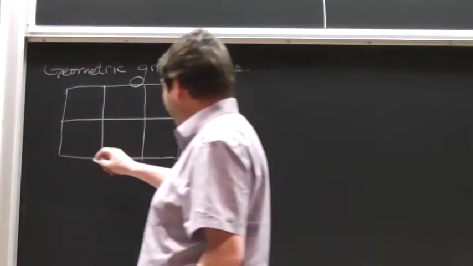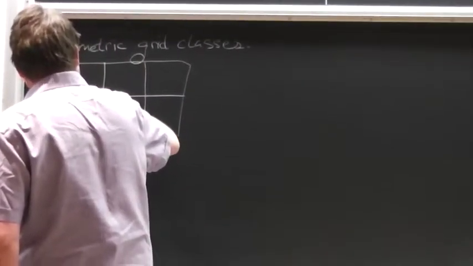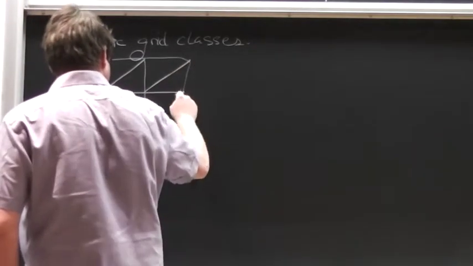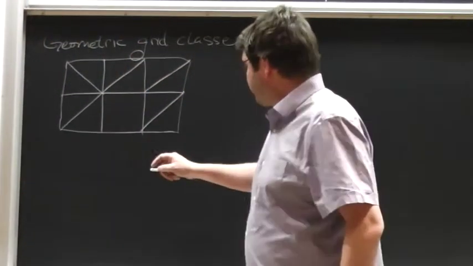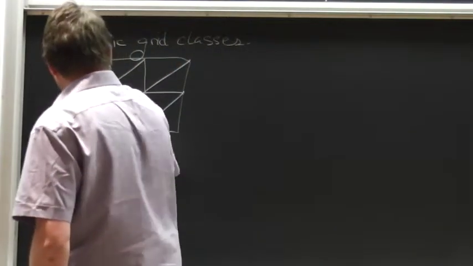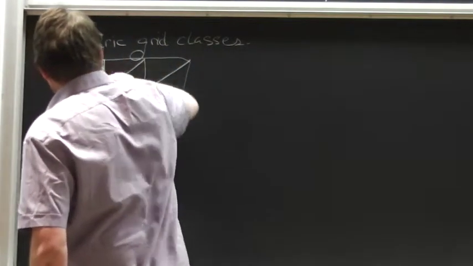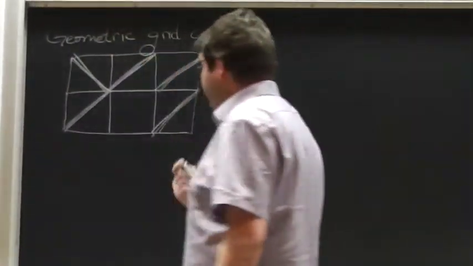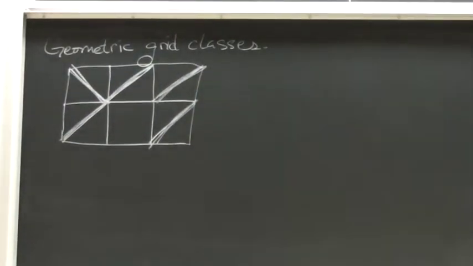So for instance, I could draw this, this. So here I'm drawing 5 diagonal lines. Okay, so this is how we think about geometric grid classes. The permutation class defined by this picture is the set of all permutations that I can draw on it in that geometric sense.